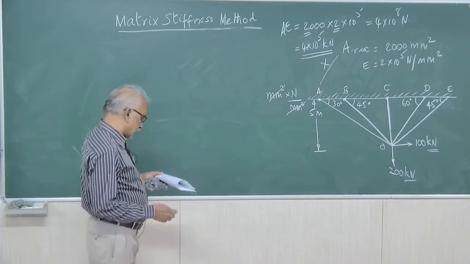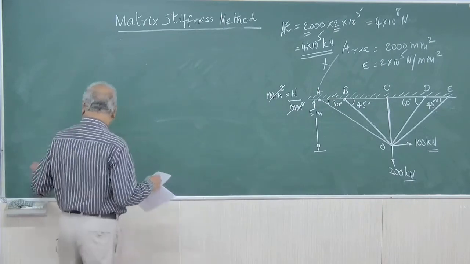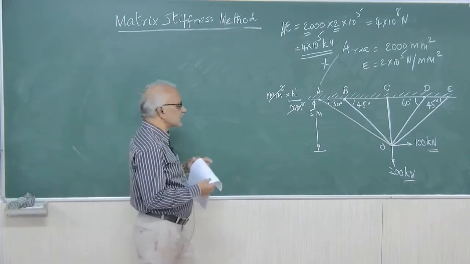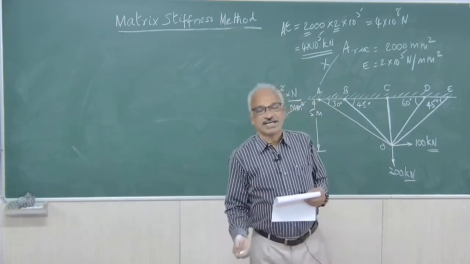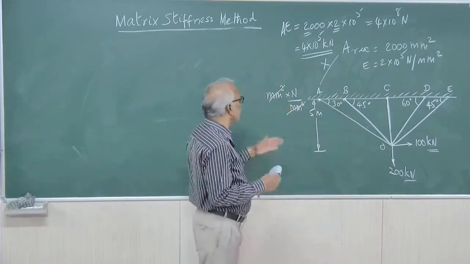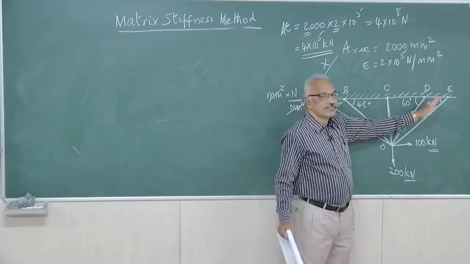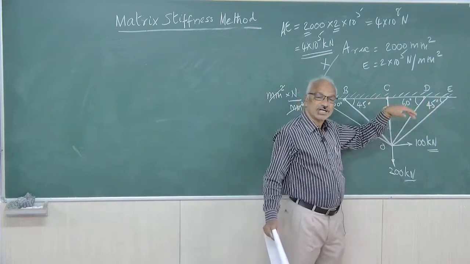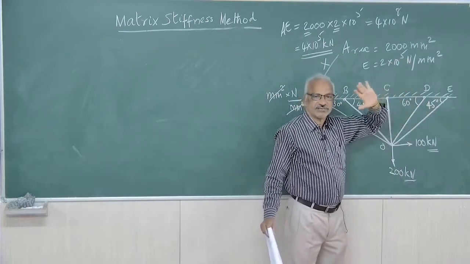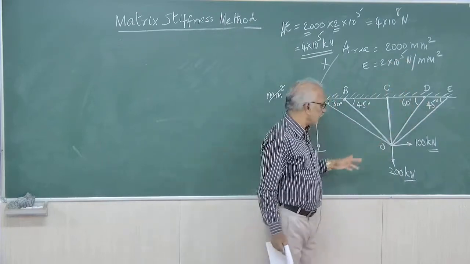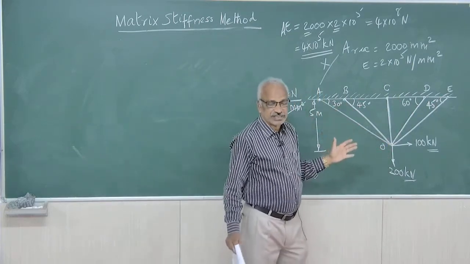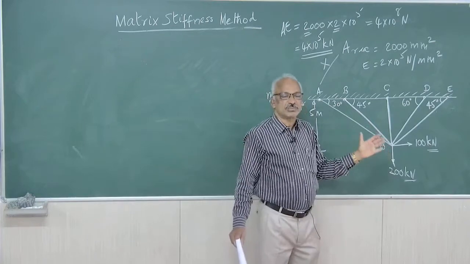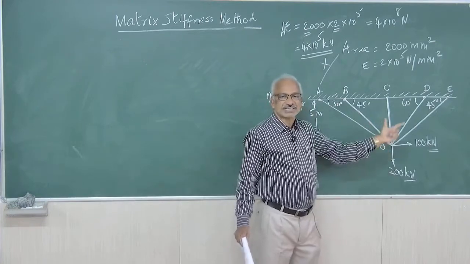Right. Now, in the matrix stiffness method, the first work is to find out the degree of kinematic indeterminacy. See, joints A, B, C, D, they are connected to a rigid base. They will not undergo any displacement. Only joint O is likely to have displacement. The two possible displacements are in the x direction and y direction.